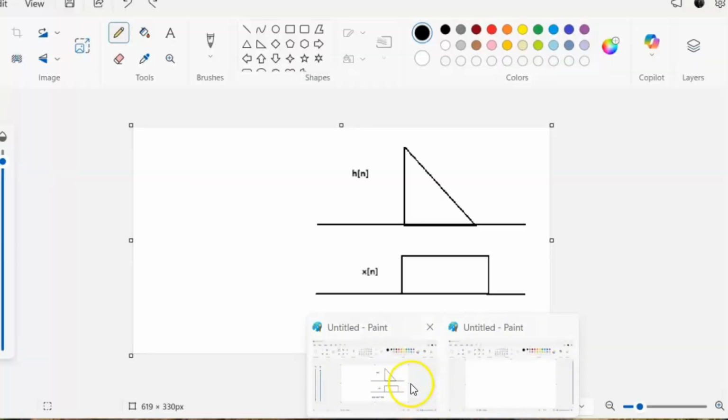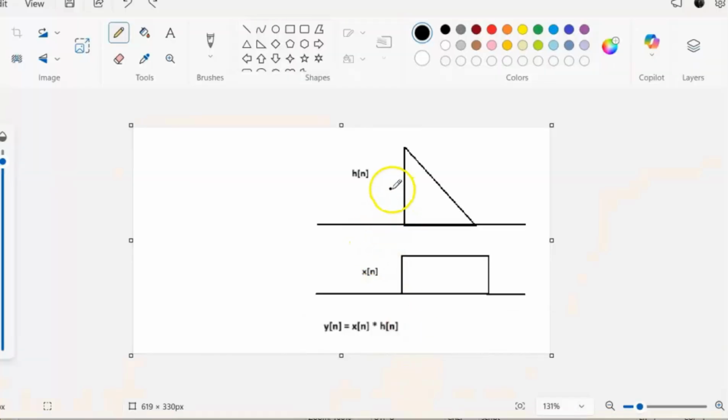In this video, let's say we have two signals, h of n and x of n. I'm sure you have seen this sign here. This is not multiplication. This is a convolution in digital signal processing, and you are not multiplying.